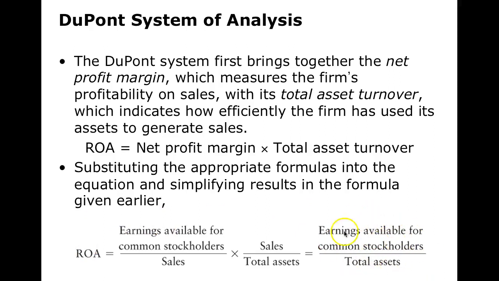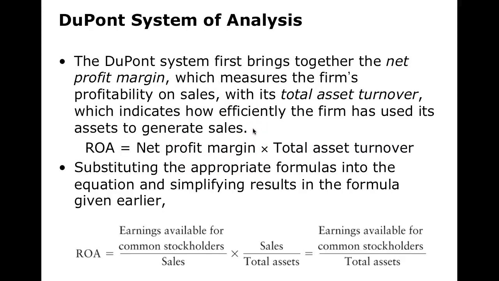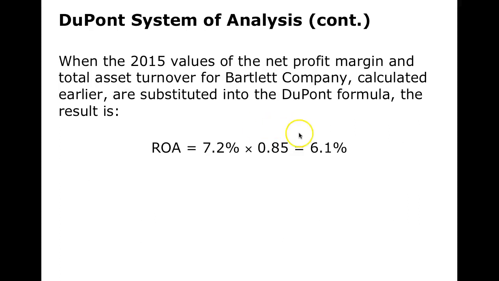So we covered this formula early in the return on assets, but if you break that out, you can actually see these two variables, net profit margin and total asset turnover, can be multiplied together to get the same result. So this can give us a hint of where the problem is. Is the problem that sales are being reduced, or assets are being increased, or profits are being reduced? So if we look at return on assets as net profits multiplied by total asset turnover, we get a return on assets of 6.1.